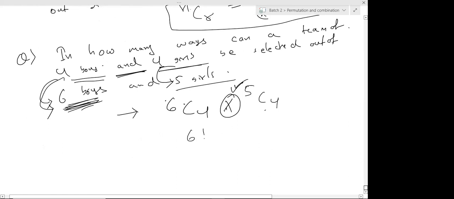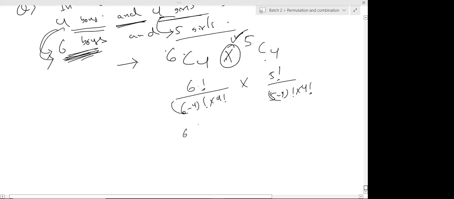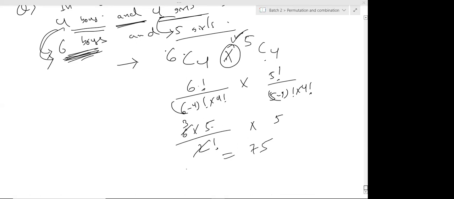All right, simplifying this, 6 factorial upon 6 minus 4 factorial into 4 factorial, into 5 factorial upon 5 minus 4 factorial into 4 factorial. All right, so this is 6 into 5 upon 2 factorial into 5, and this 2 is cancelled. 3, answer is 75. So there are 75 possible ways to select 4 boys and 4 girls out of 6 boys and 5 girls. Is this question clear, everyone?